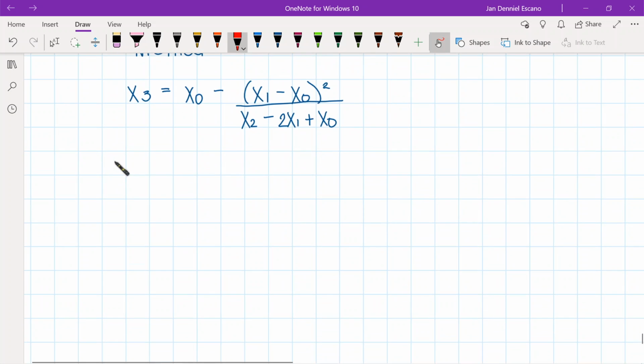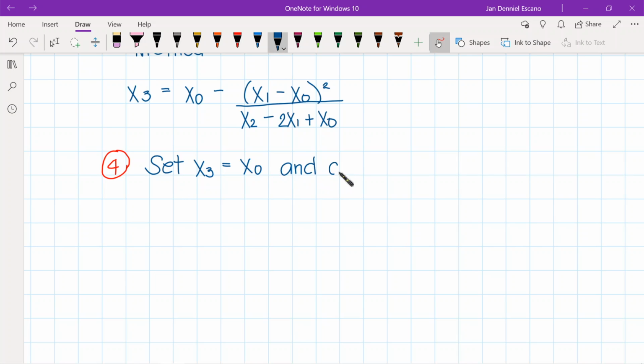And then the fourth step for using Aitken's delta square method is that we set x sub 3 as x sub 0 and continue with the iterations.